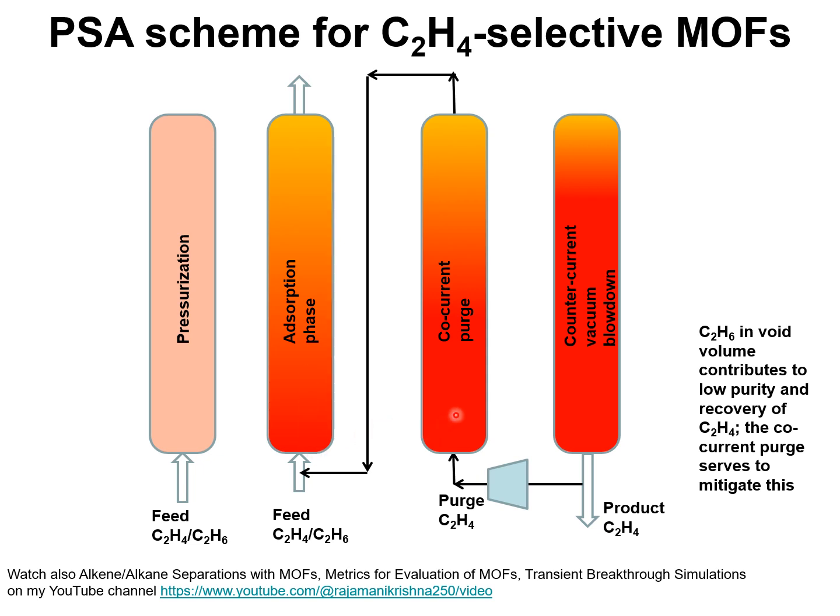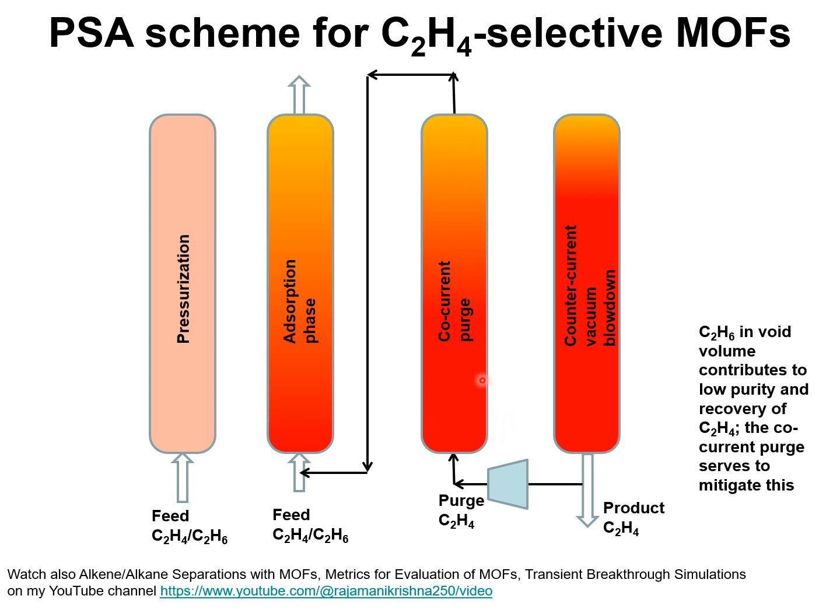This is followed by co-current purge, in which a portion of the product ethylene from the final blowdown step is used to purge the ethane that is present within the pores and in the void spaces, and the purged gas mixture is collected and fed along with the feed mixture to the adsorption cycle.